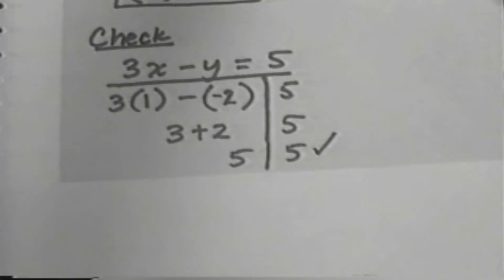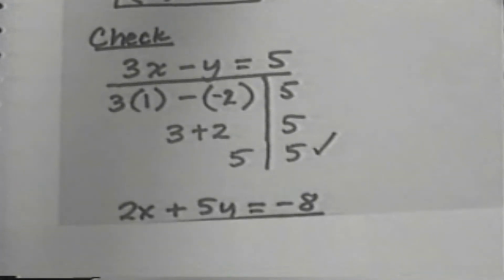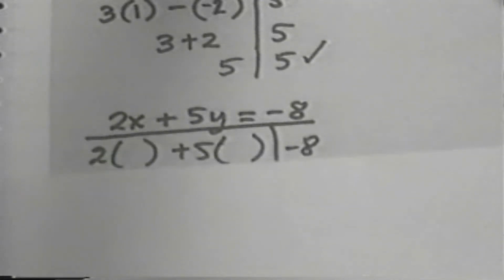Then for the other equation, we have 2x plus 5y equals negative 8. 2 times the x expression plus 5 times the y expression equals negative 8.